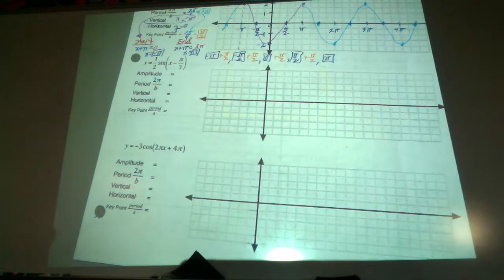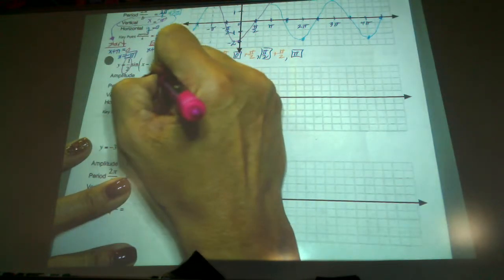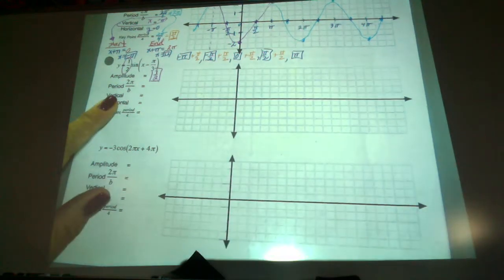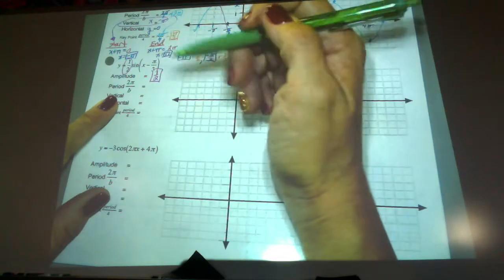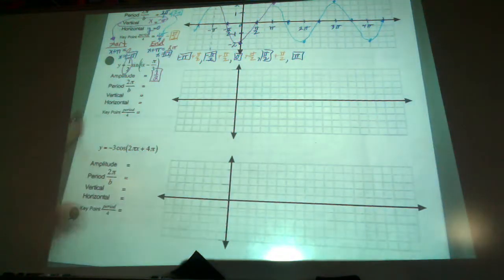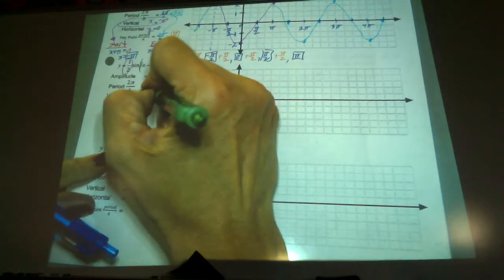What's our amplitude? 1/2. So here's our amplitude, 1/2. Our period, what is the coefficient in front of x? 1. So that means that's what b is. So I'm going to take 2 pi and divide it by b, 1, which means that my period has not changed.